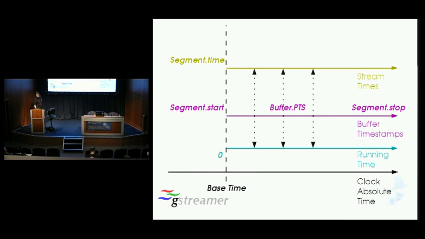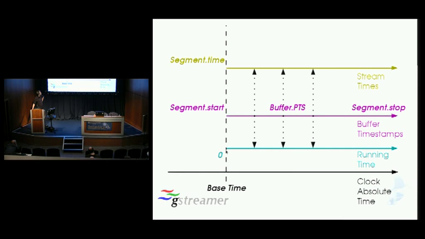So remember, these are really the four things to remember. The clock can be any value. I don't care how my clock is implemented, as long as it's monotonically increasing. The pipeline can get a base time, which will serve as a reference for the running time of the clock.